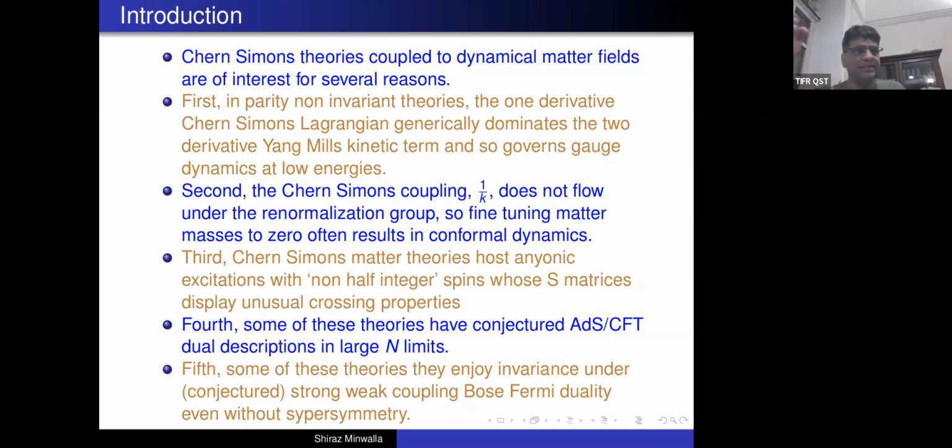When you take Chern-Simons theories and couple them to matter, the matter degrees of freedom turn out to have non-half integer spins. So what do I mean by that? Normally, bosonic fields in 4 and higher dimensions always have integer spins.